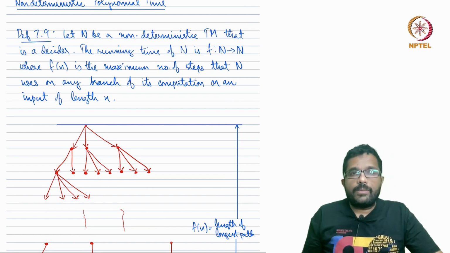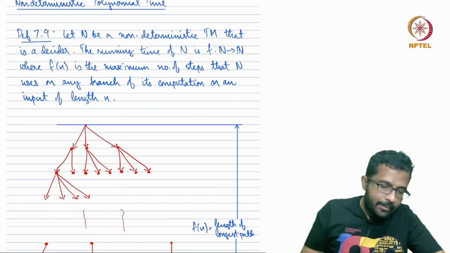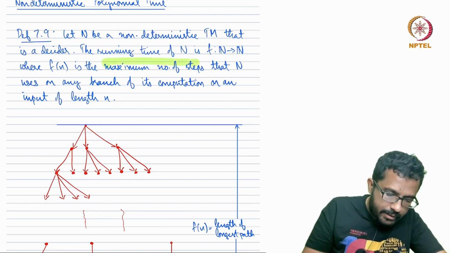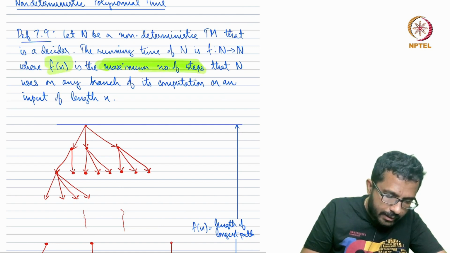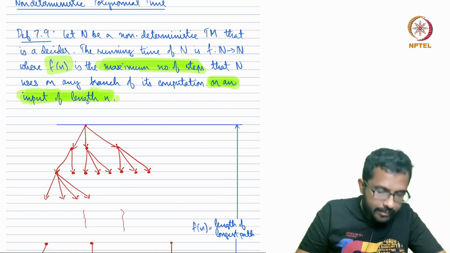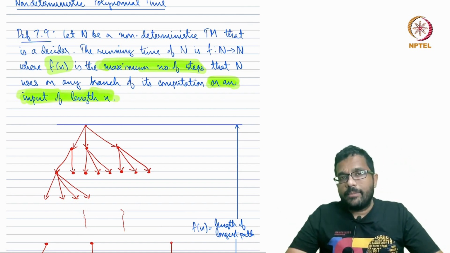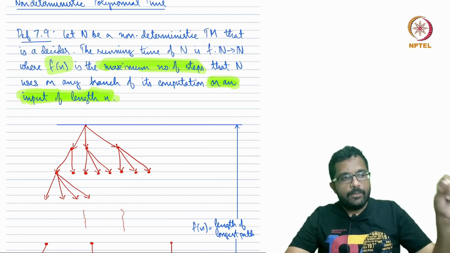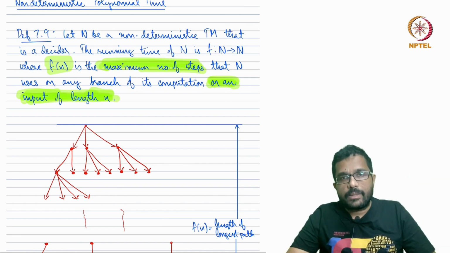In the case of a non-deterministic Turing machine, this is the same. The running time is the maximum number of steps; f(n) is the maximum number of steps it takes on any input of length n. However, there is one additional thing. In the case of a deterministic Turing machine, an input takes a fixed number of steps.